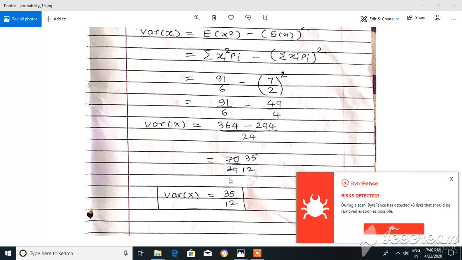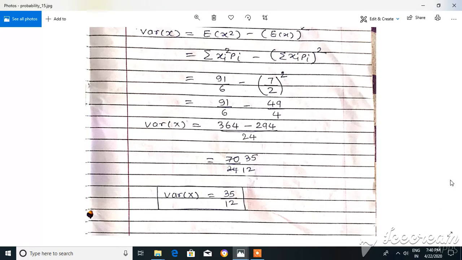One more thing I want to tell you is that the expected value may be positive, may be negative, may be 0, but the variance of X is never negative. It is always greater than or equal to 0. Why? Because the variability is E of X square.